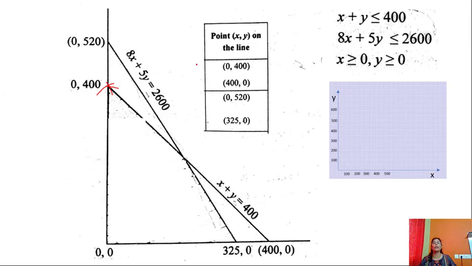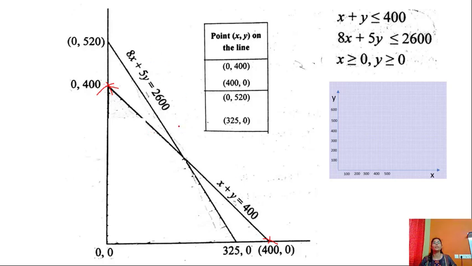This is the first point, that is 0 and 400. Next is x is 400 and y is 0. So we draw this straight line.